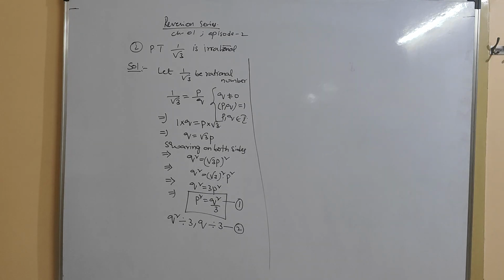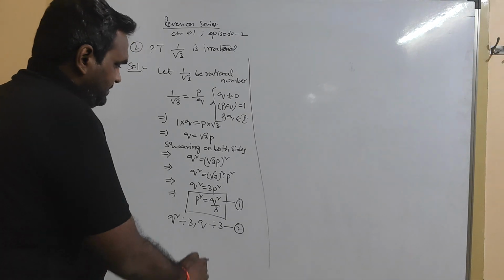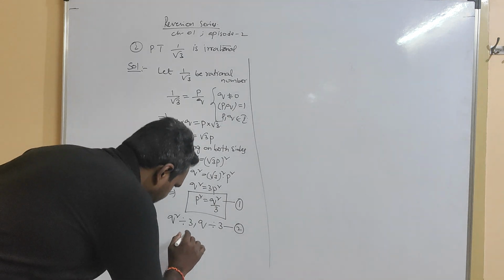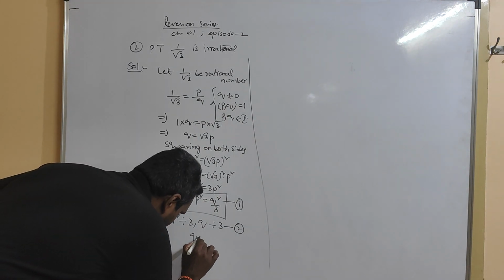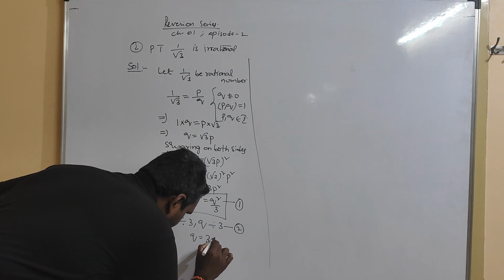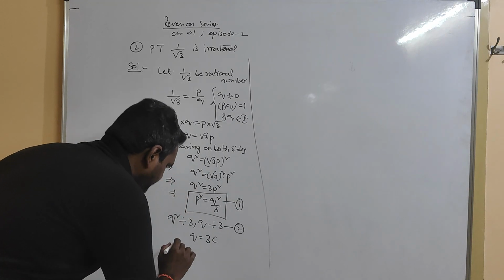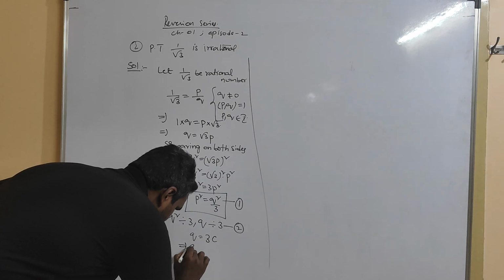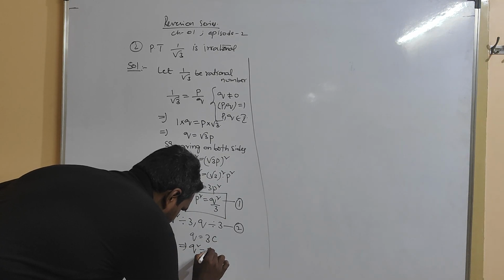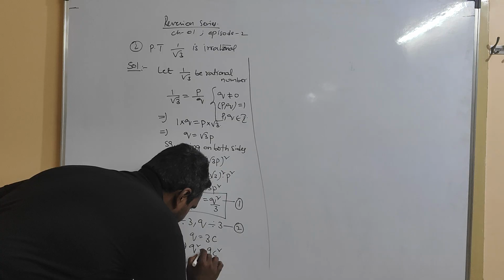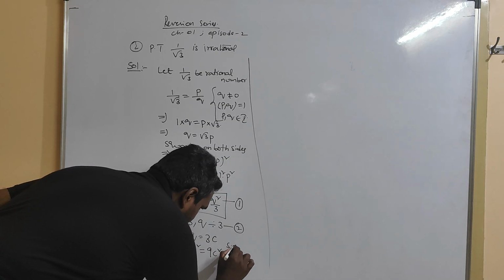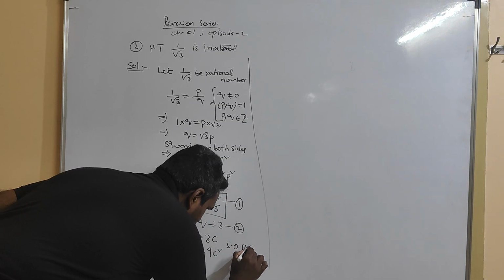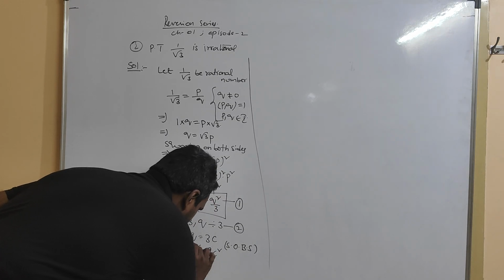Next see, any number which is divisible by 3 will be of the form q is equal to 3 into some constant c. This implies q square is equal to 9c square, squaring on both sides, SOBS.